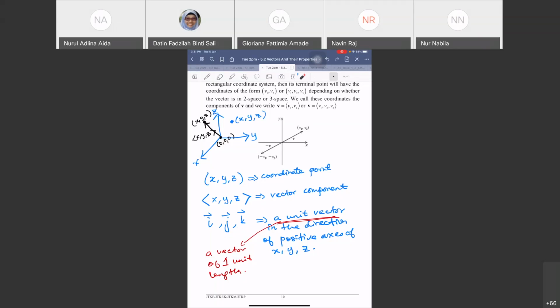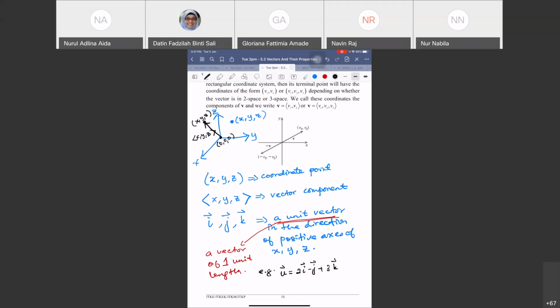So that's why, if you remember, previously you will come across a vector, for example, vector u equals 2i minus j plus 3k. You have this type, right? That means this can be written as this type of representation for vector components.